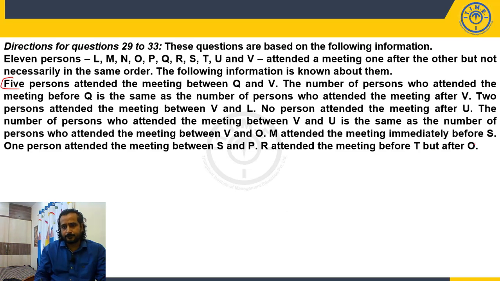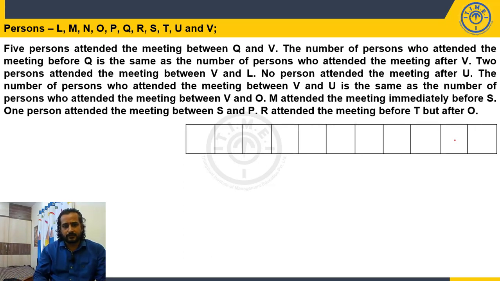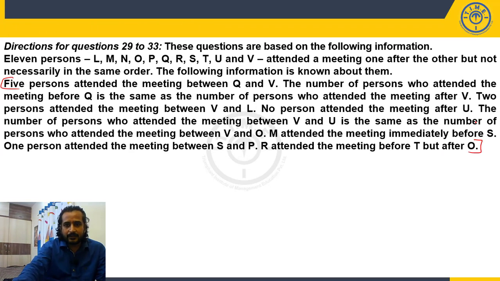There we'll discuss. There won't be any basic structure for this. Just 11 positions: first person to attend the meeting, second, third, fourth, fifth, sixth, seventh, eighth, ninth, tenth and eleventh person to attend the meeting. You can just freeze the positions 1 to 11, not any other basic structure. This kind of model comes under 'one after the other'.